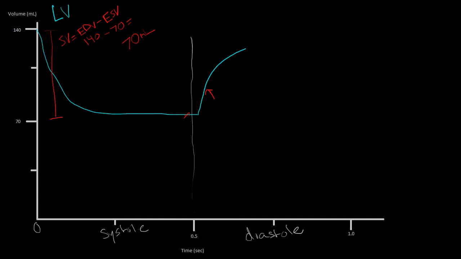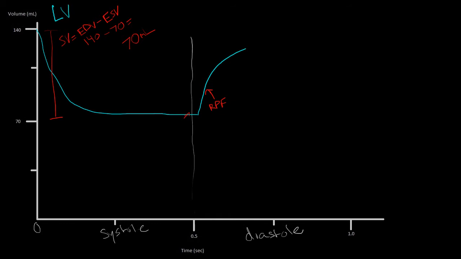The atria is still relaxed, and all that's happening is the pressure change in the atria opens the valve between the left atria and the left ventricle, and blood begins to rapidly but passively fill the ventricle. Okay, so this section of diastole we call rapid passive filling.